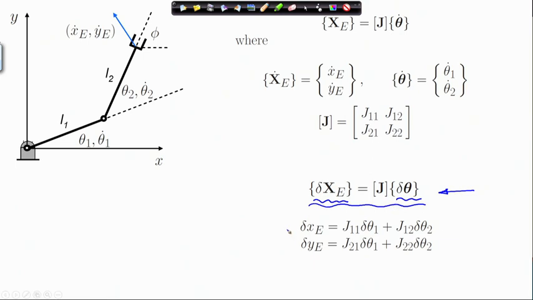So, the implication is that delta x_e is J11 times delta theta 1 plus J12 times delta theta 2, and delta y_e is J21 times delta theta 1 plus J22 times delta theta 2.